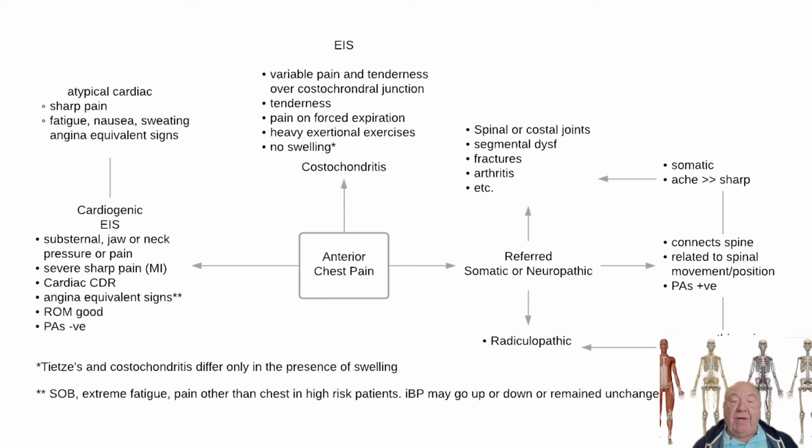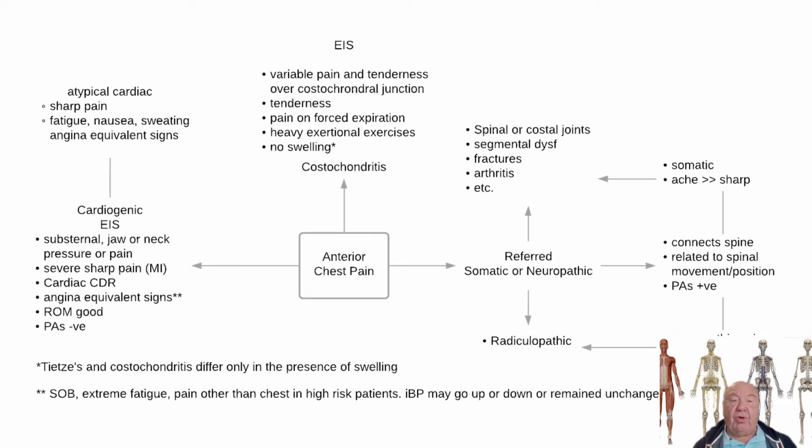On the negative side, when you do a musculoskeletal exam, the range of motion should be pretty good, and the PAs are going to be negative. So you shouldn't have too much trouble sorting this one out. Atypical cardiac problems include sharp pains, fatigue, nausea, sweating, and angina equivalent signs.